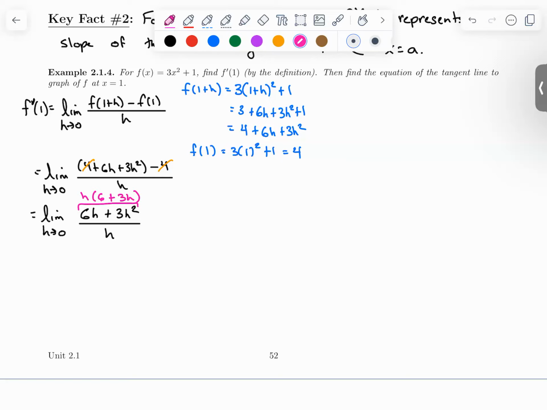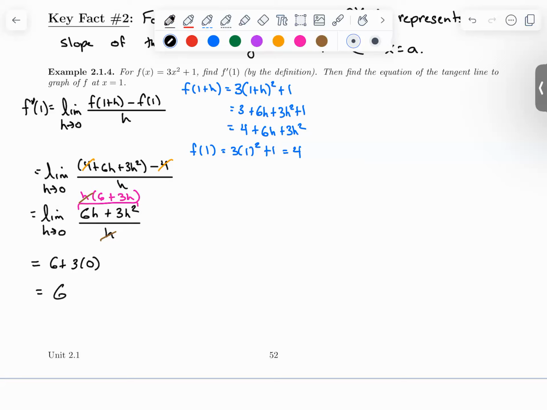It will work out, but I'm just trying to cancel out that h only. So that gives you, and I'm just going to save on space. And now that I've canceled the h, now I know I can plug in the limit. Now I know I can take the derivative. So I plug in 0 for h. I get 6 plus 3 times 0, which is 6. Right.